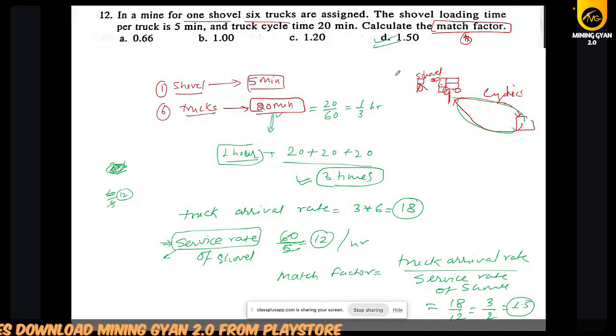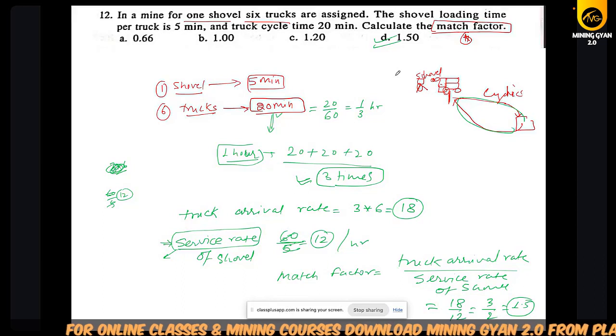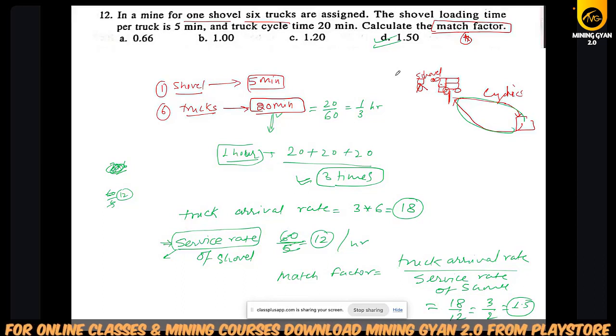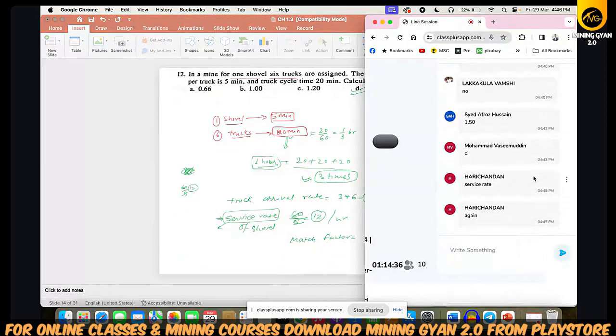One dumper's cycle time is 20 minutes, so in 1 hour 3 cycles are completed by one dumper. But we have 6 dumpers, so the truck arrival rate is 3 into 6, which is 18. So match factor is truck arrival rate divided by the service rate of the shovel, which is 18 divided by 12, which is 1.5. Please let me know if you have any doubt.